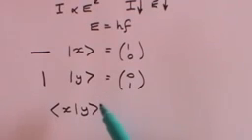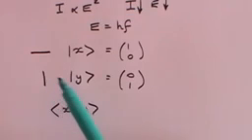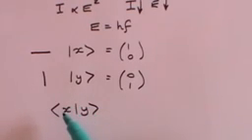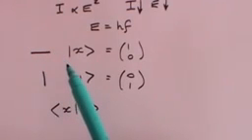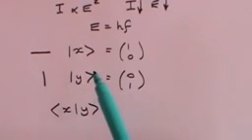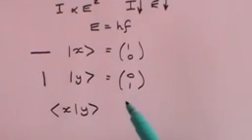What it means is, if I prepare light in the y state, that is to say, I prepare it in the vertically polarized state, what are the chances of it going through an X polarizer, that is, a horizontal polarizer? Now, we already know the answer to that. If you prepare it in the vertical state and try and put it through a horizontal polarizer, nothing will get through. So we know the answer experimentally, and we know the answer classically. So this has got to come up with the same result.